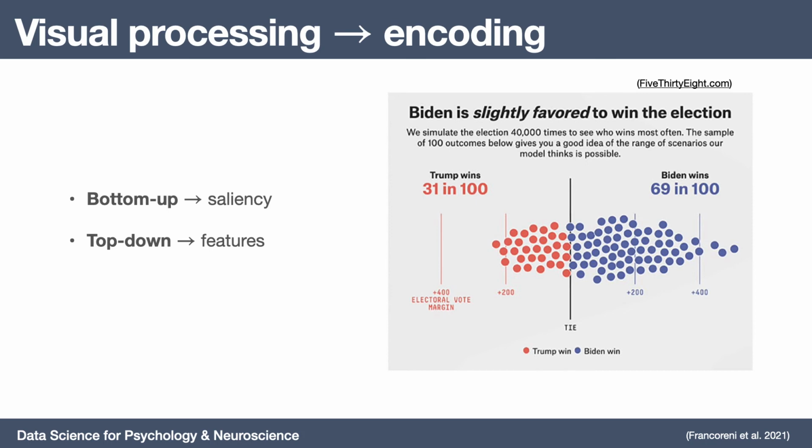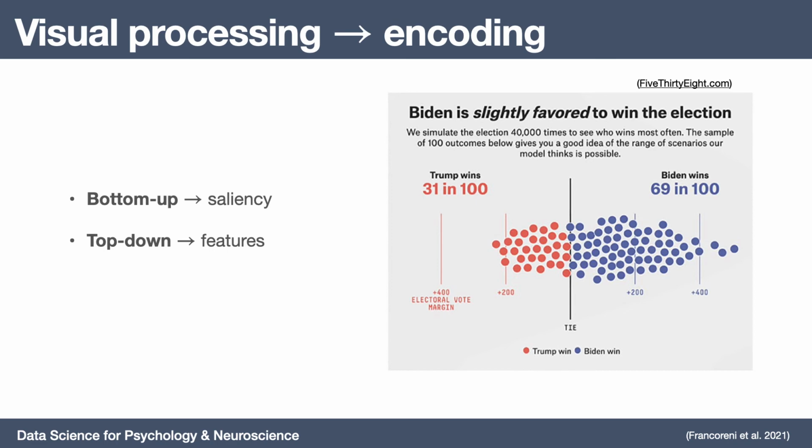These two ways of processing visual information work together. So you can highlight very quickly relevant dimensions, in this case Biden versus Trump, using things like space and color. And then you can use that to facilitate how the reader scans the graphic in order to extract things like probability and, let's say, margin of victory.